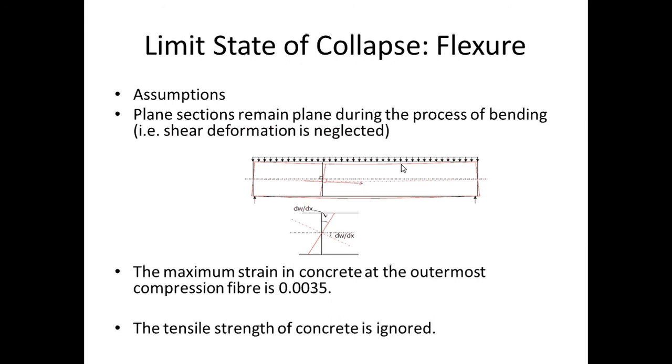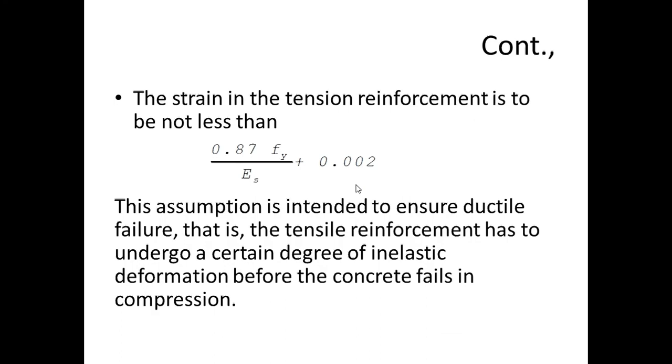The compression strain in concrete at the outermost compression fiber is 0.0035, and the tensile strength of the concrete is totally ignored. So these are the assumptions. The strain in the tension reinforcement should not be less than 0.87 fy. The 0.87 fy is nothing but 1 divided by 1.15, divided by the modulus of elasticity of steel, plus the allowable strain of 0.002.